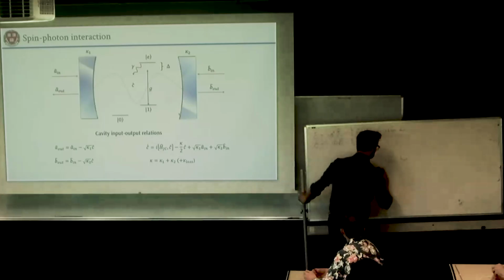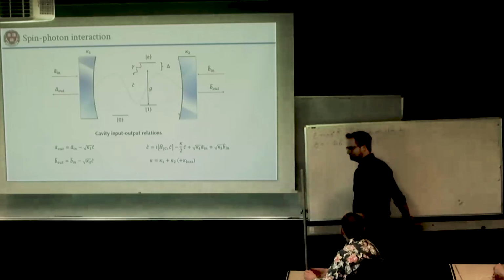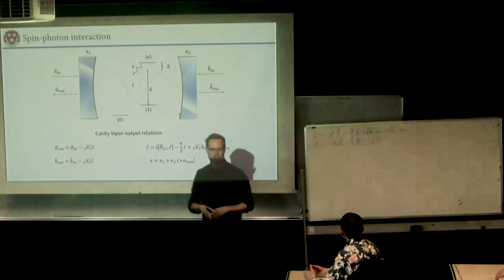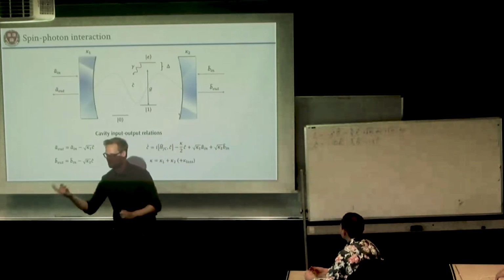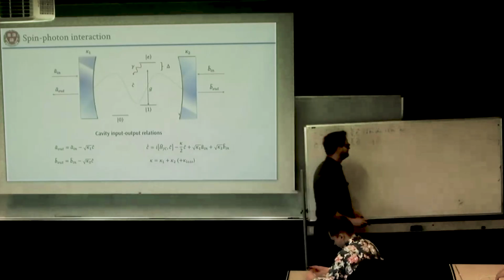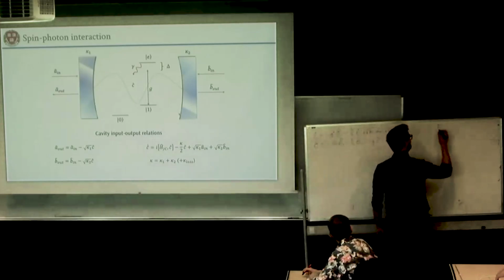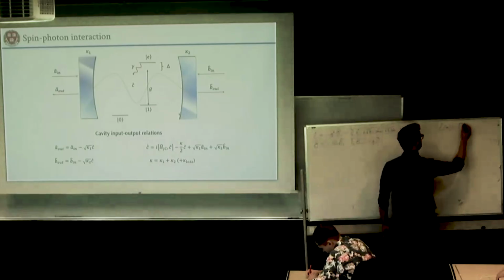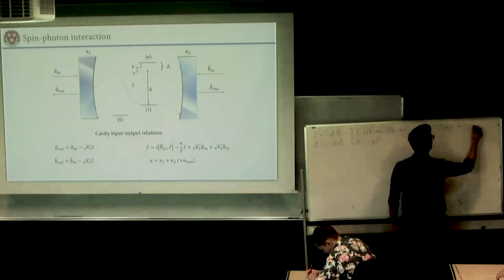So how do we go from time to frequency? What transformation do we use? Fourier transform, exactly. I'm just going to define that this operator in frequency is the Fourier transform of this one.